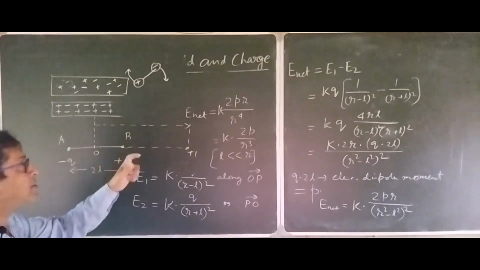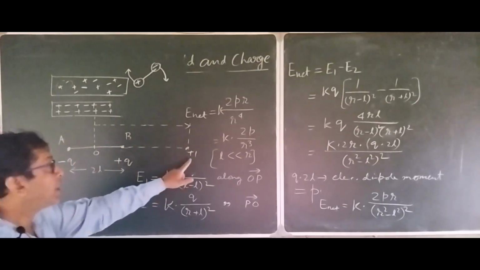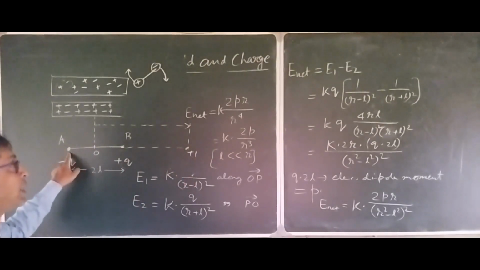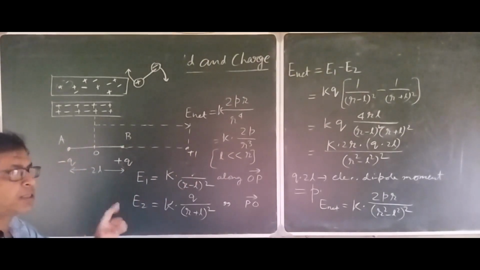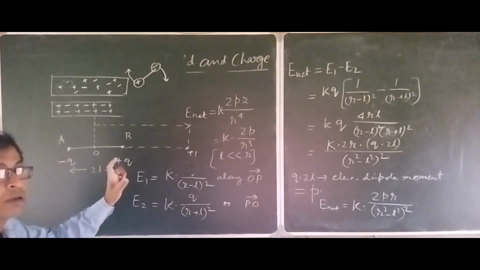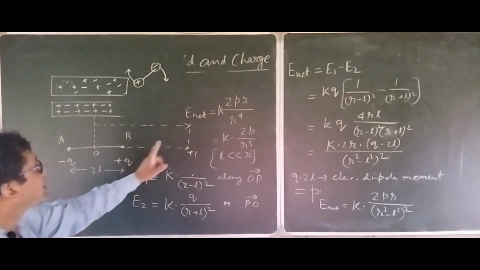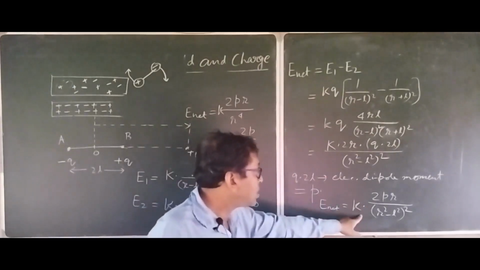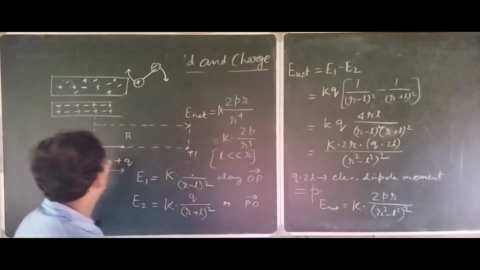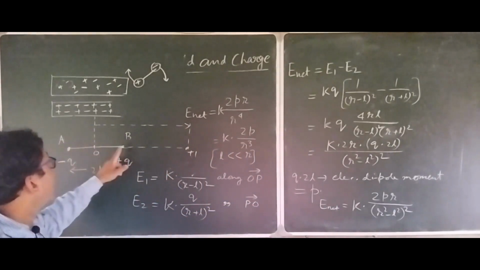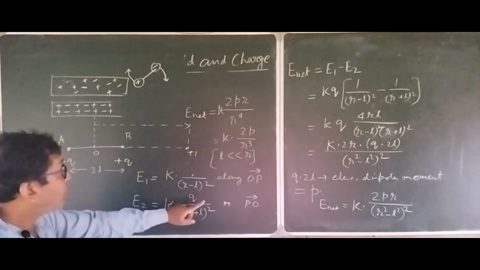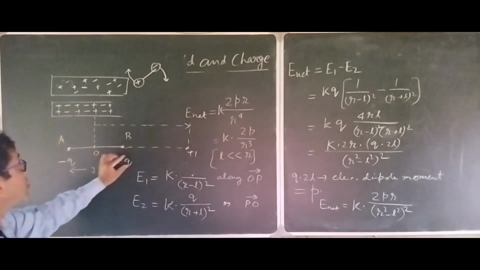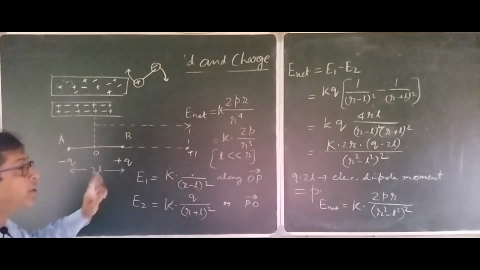Previously we have learned that the force felt by a unit positive charge due to only one charge is called normal field intensity. Now this is the electric field intensity due to a dipole. So this is the force felt by a unit positive charge due to two charges of opposite nature together.